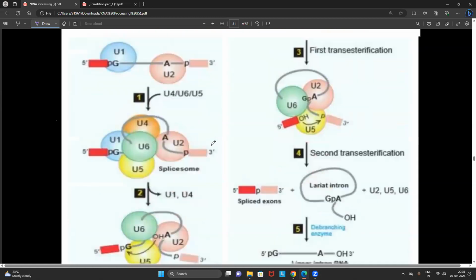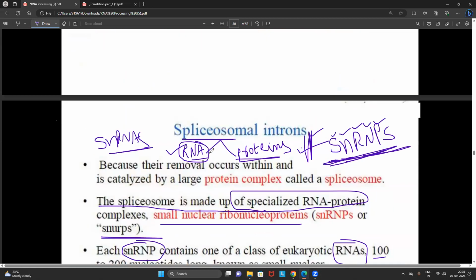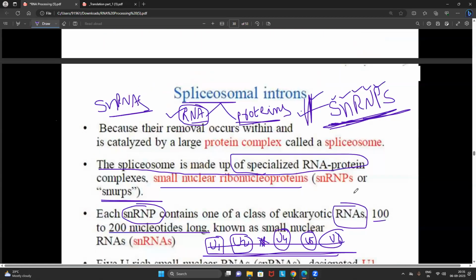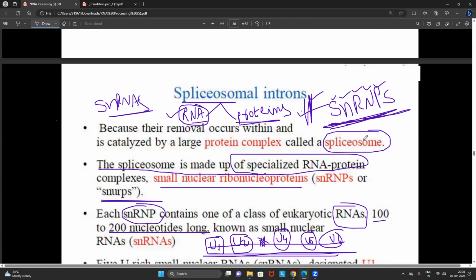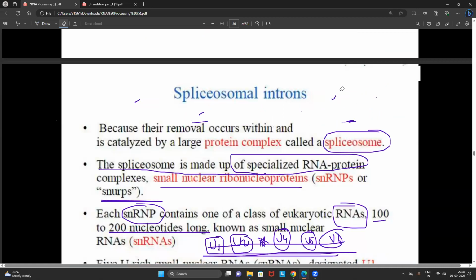Now look into the question very correctly. Why do we use this spliceosomal complex? What is the reason? We use it because the intron we want to remove is a very large intron.